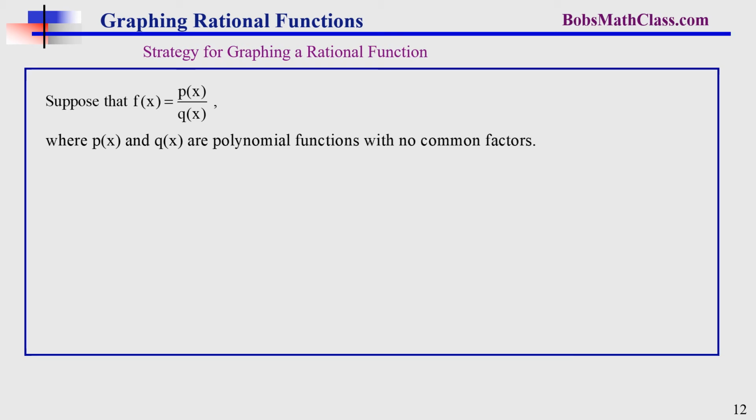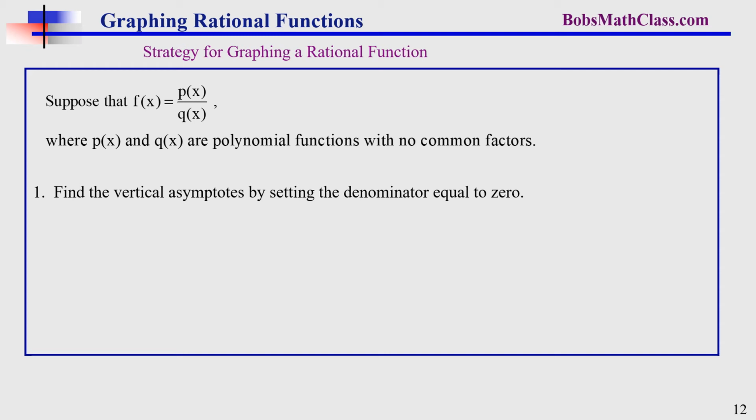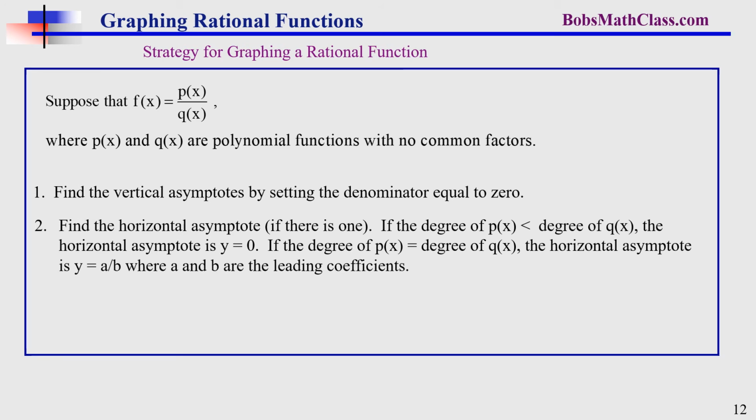Okay, so we're going to talk about a strategy for graphing a rational function. So finally, we're going to get to graphing. Again, we have a rational function, p of x over q of x. Step 1, finding the vertical asymptotes. And then 2, find the horizontal asymptotes, just like we've been talking about.